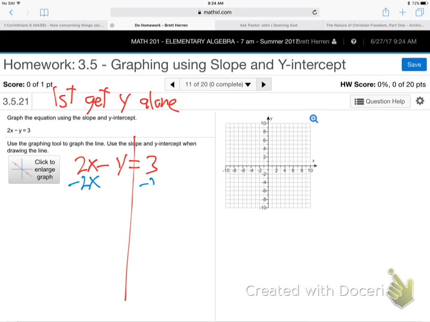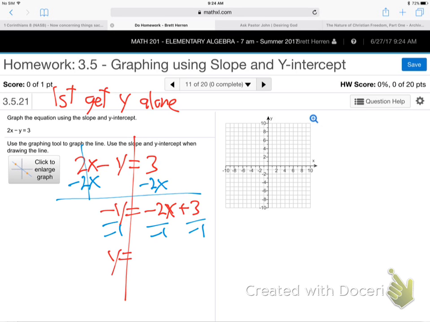So subtract 2x from both sides. Is that good so far? But you've got to get rid of that minus on the y. How do we get rid of that minus sign on the y? Divide through by -1, and you've got to do all three terms whenever you divide like that. Divide through by -1 all the way across.